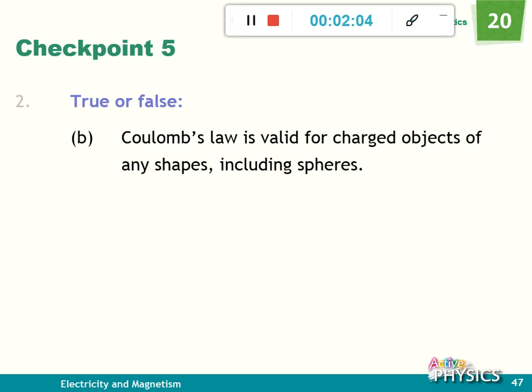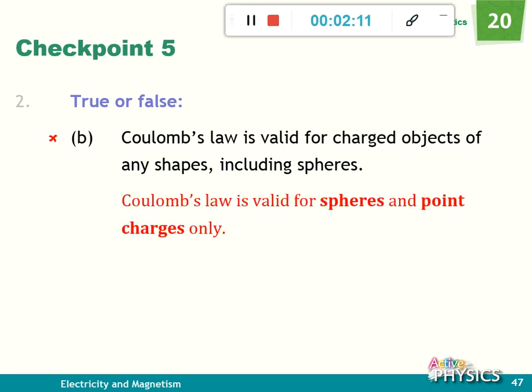Part B. Coulomb's law is valid for charged objects of any shape, including spheres. The answer is wrong. This is true for spheres and point charges only. For spheres, the force applies outside the sphere, not inside.